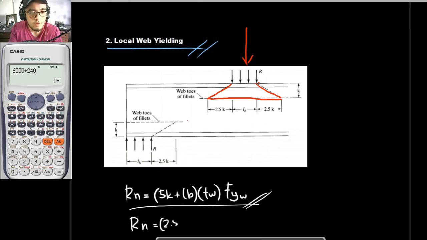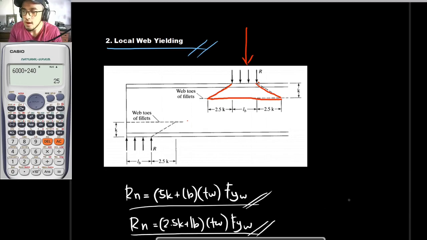So 2.5k plus LB times thickness of the web times yield stress of the web. So yan yung i-consider nyo. And your phi right here is equal to 1.0 and your omega is equal to 1.50.